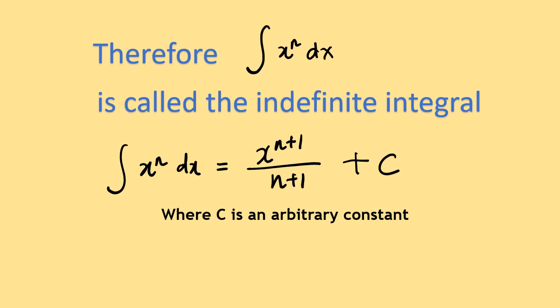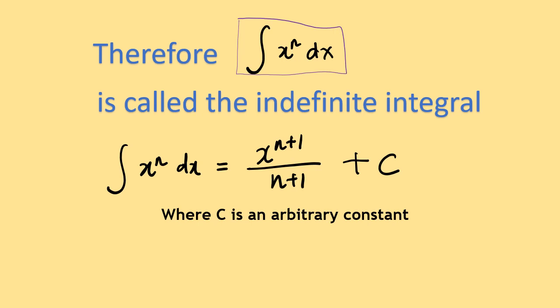Let's recap on what we have learned in the previous slide. So this is called an indefinite integral, and the formula to integrate x to the power of n, if you look at it carefully, is x to the power of n plus 1 over n plus 1. How do we get n plus 1?